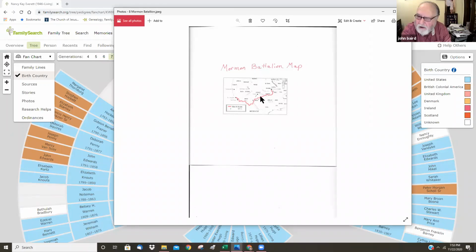I know all the way from Santa Fe down into that little town in New Mexico, they went right down the river from Santa Fe all the way down and built a road through there. So that was all built by the Mormon pioneers, and then all the way across the border.